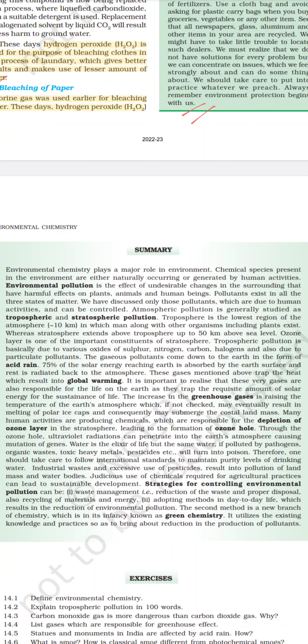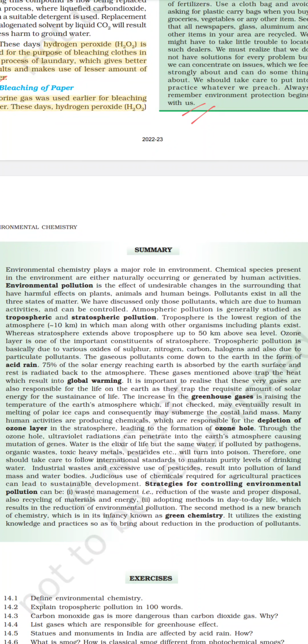Troposphere pollution is basically due to various oxides of sulfur, nitrogen, carbon, halogens, and also due to particulate pollutants.